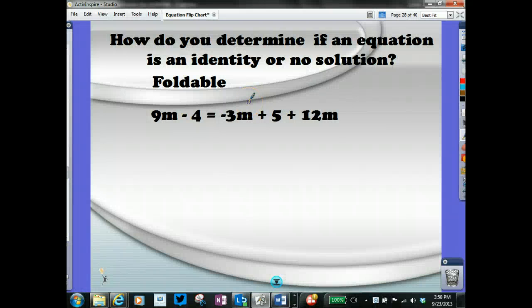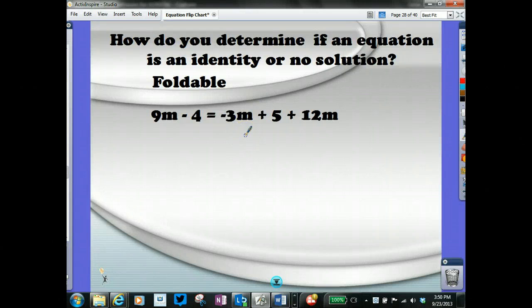Alright, now what I want you to look at is this one right here. How do you determine if an equation is an identity or no solution? On your foldable, underneath the one we just talked about being an identity, I want you to write this equation. 9m minus 4 equals negative 3m plus 5 plus 12m.